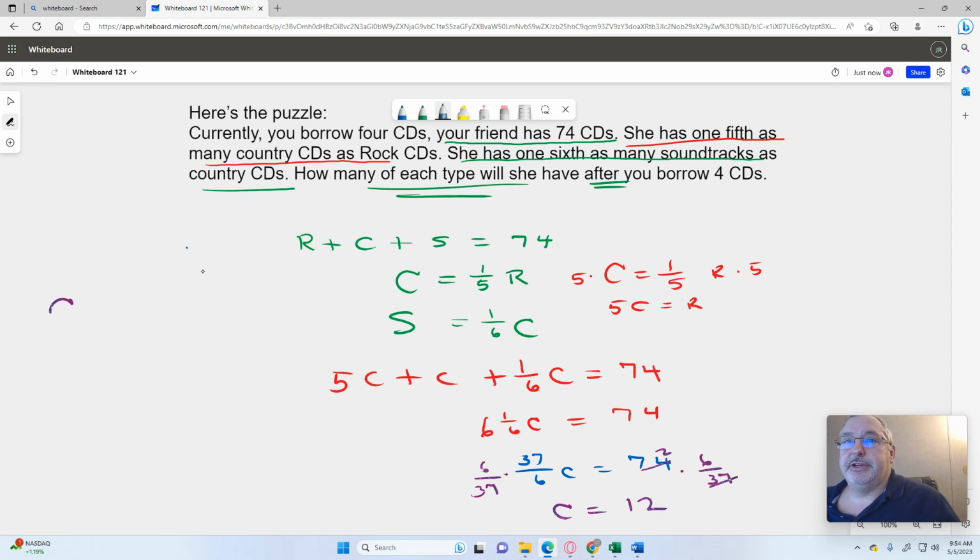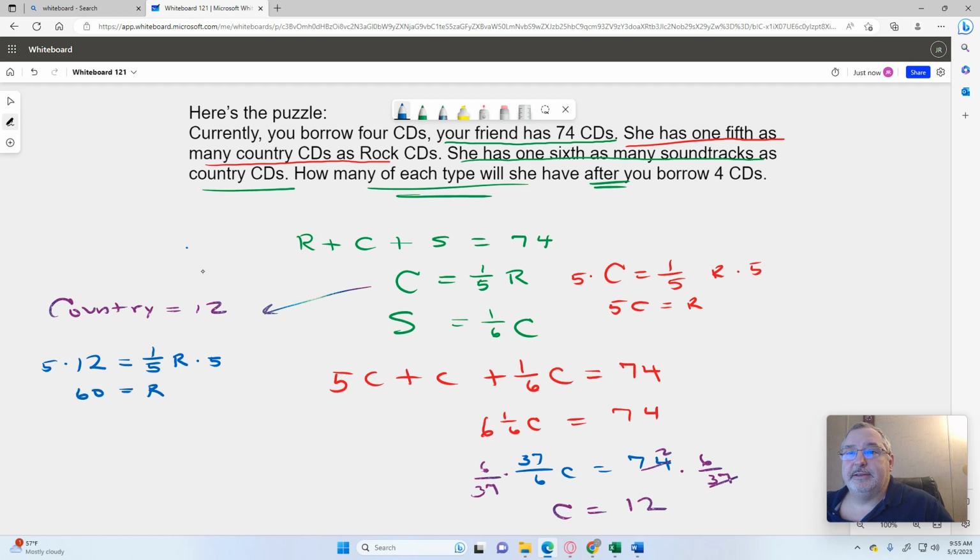So I know that country equals 12. Now I'm going to use my other values. I'm going to use my first equation right here, this one. And I know that 12 will equal 1/5 R. Well, if I multiply by 5, I know she has 60 rock CDs.